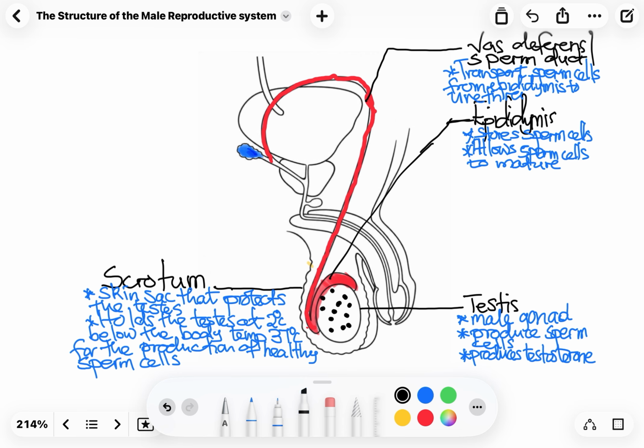Now let's identify the gland. This gland we're going to identify as the seminal vesicle.